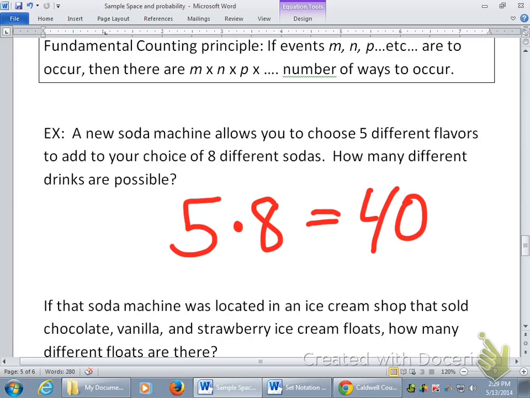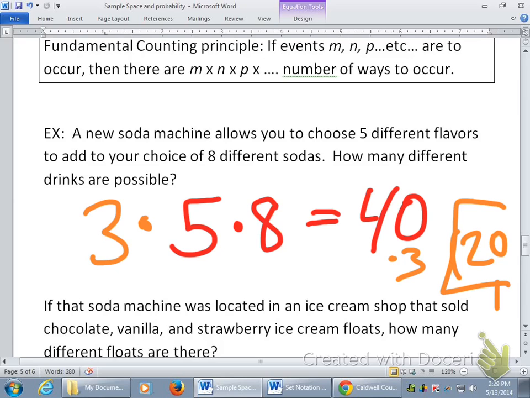Now you can compound that. You can take this same soda machine, put it in an ice cream shop that has 3 different flavors of ice cream, and now how many different floats could you have? 120. Okay, now I add those 3 to this, and I get 120 different floats.